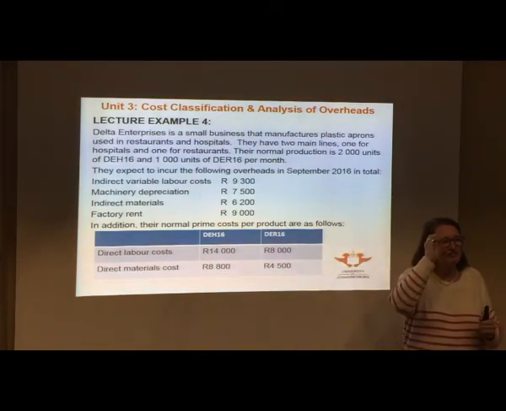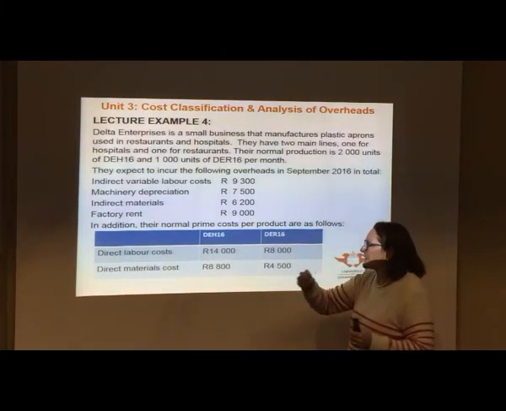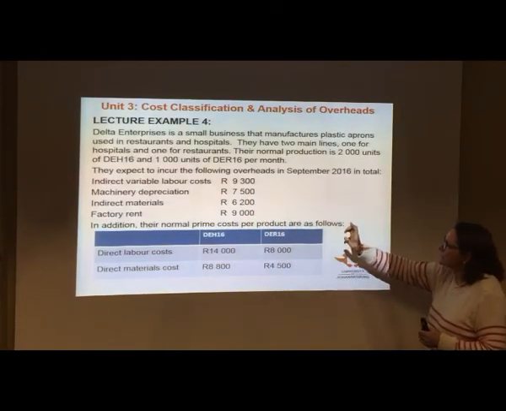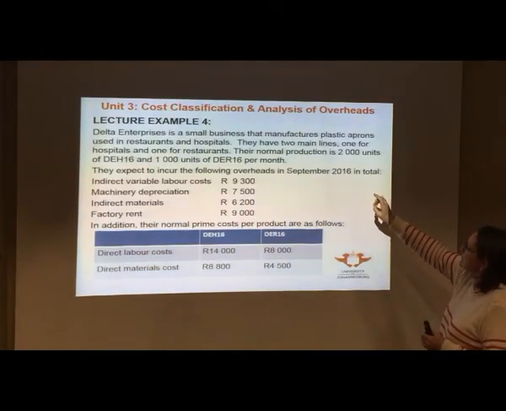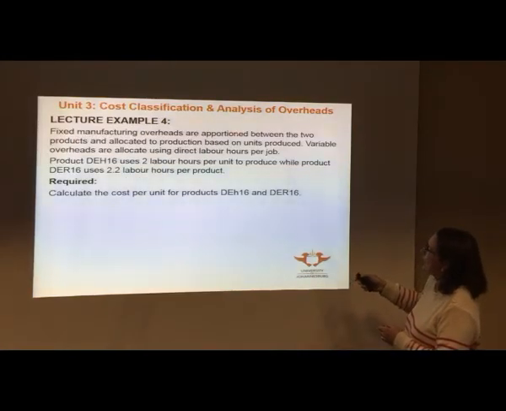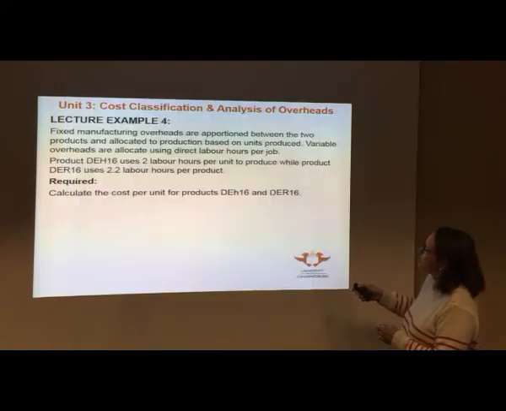Then you've got your fixed manufacturing overheads. You've got 2 fixed manufacturing overheads, rent and depreciation, right? What did we say about the fixed manufacturing overheads? Fixed manufacturing overheads are apportioned between the 2 products and allocated to production based on units produced.